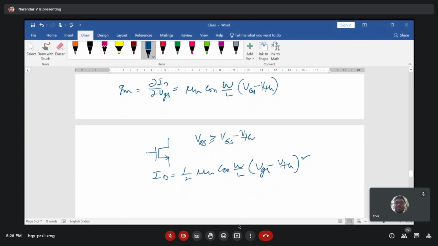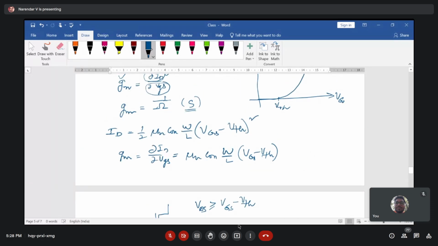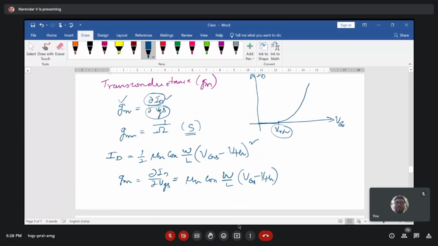Now, what you can see here is GM. Up to the threshold voltage of your device, there is no current indicated in your graph. So as VGS is less than or equal to VTH, there is no current in your device.